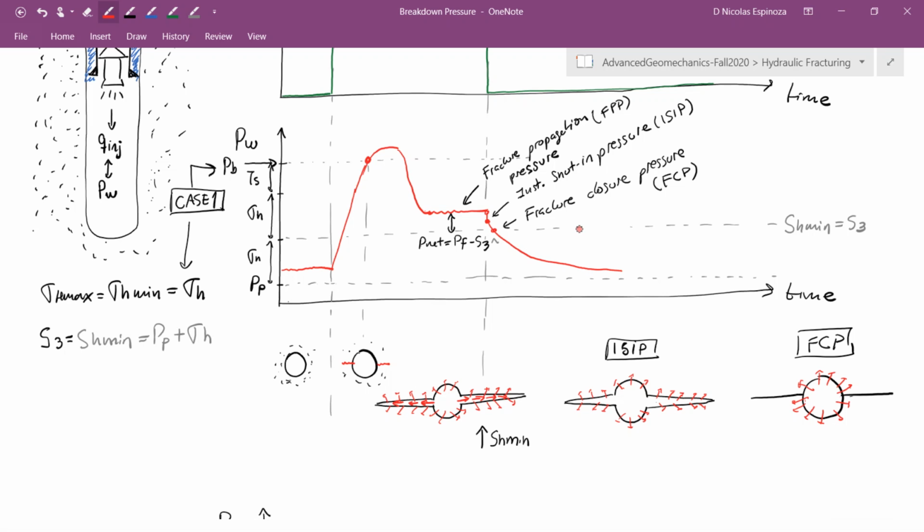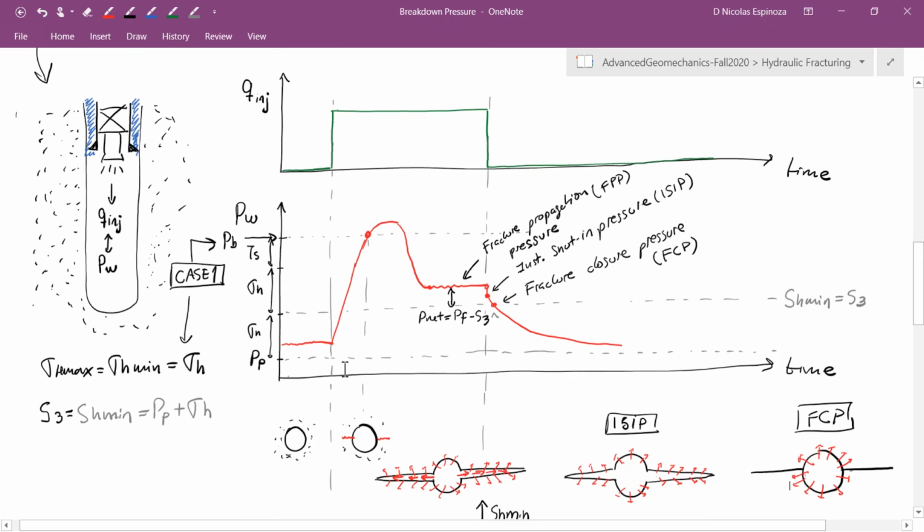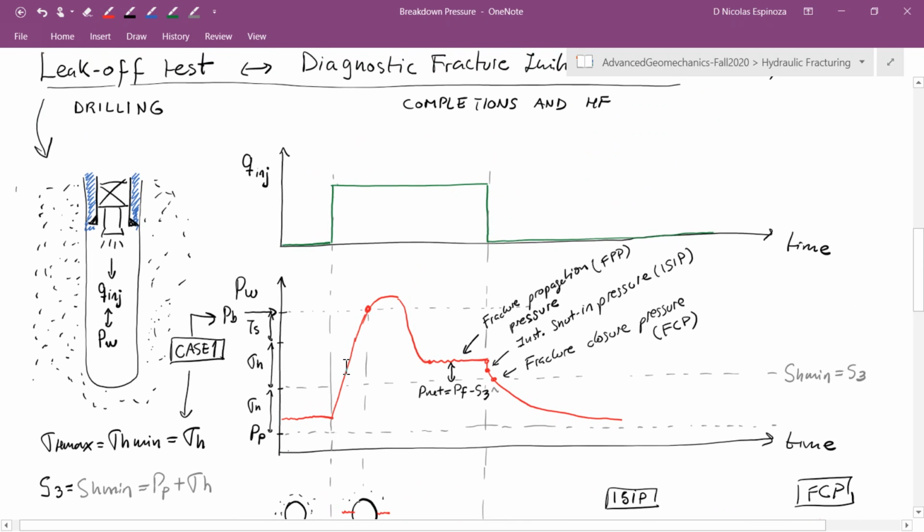Okay, so now we see the full signature of the expected response of the initiation and propagation of a hydraulic fracture done with the leak-off test, and a similar behavior is going to happen when you do this with a fracturing fluid from a perforation or from a small section in the wellbore.